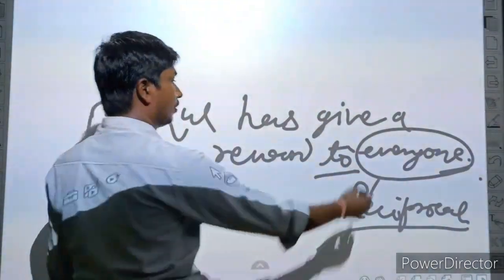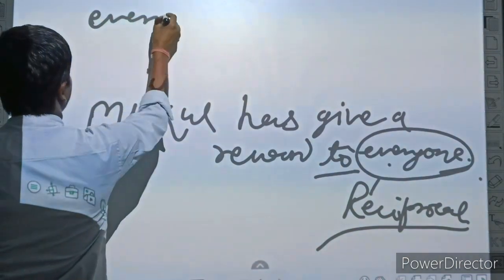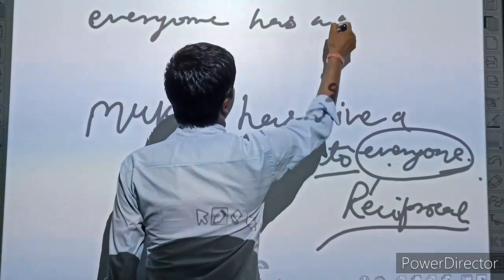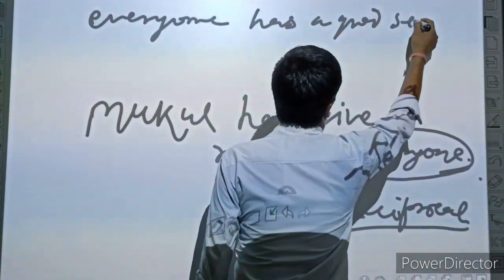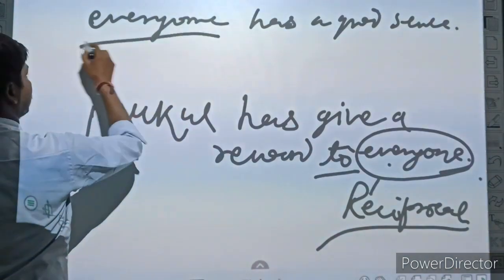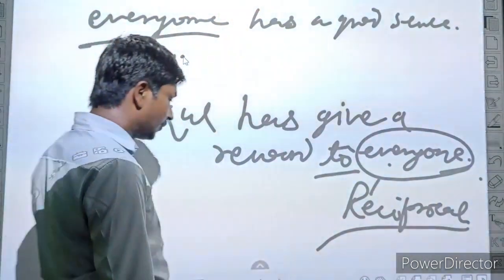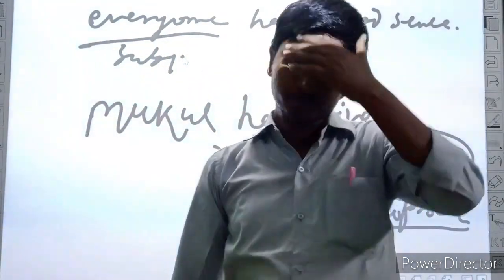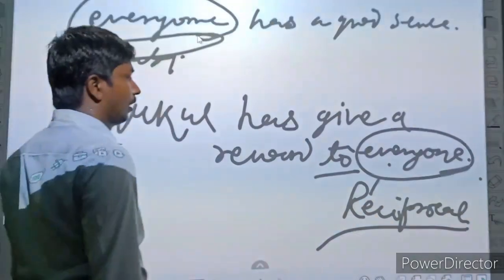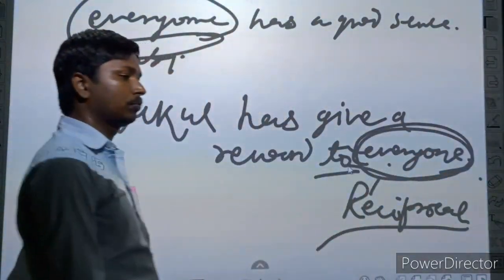When this word is used as a subject, everyone has a good sense, here everyone is used as the subject of the sentence, and then it is called distributive. Here it is distributive pronoun as the subject, or here it is reciprocal as an object of the sentence.